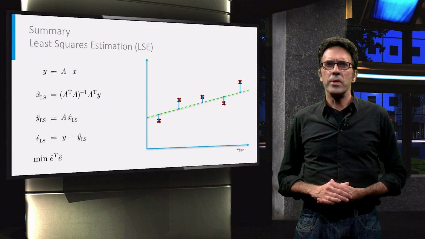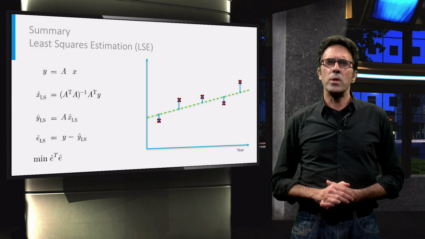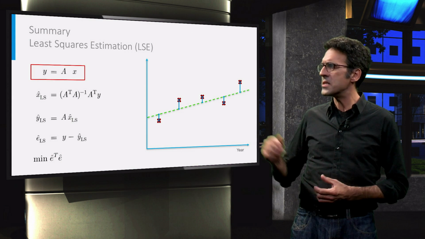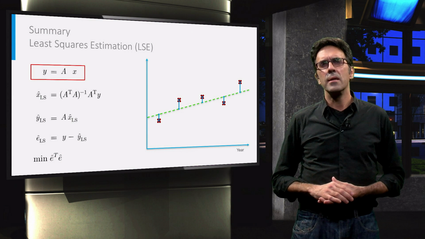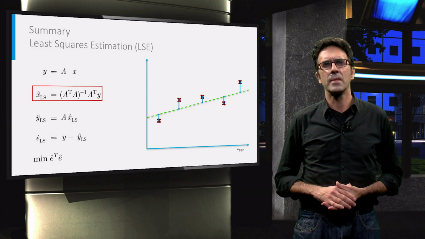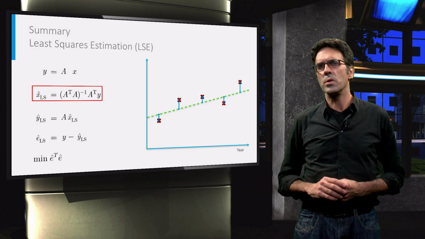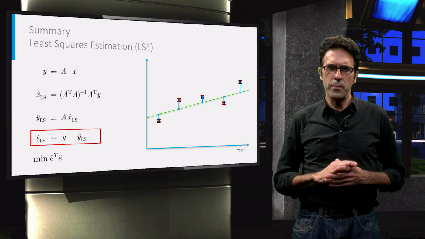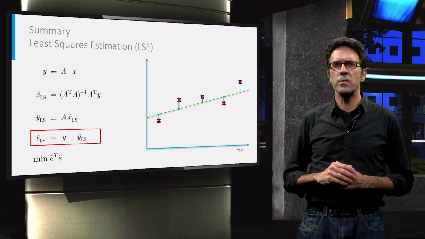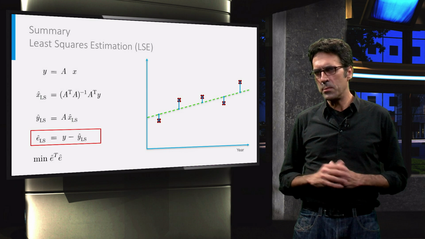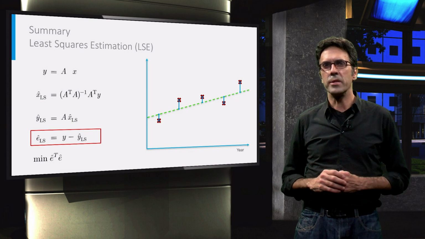This is the summary we gave on the standard least squares estimation solution. We formulated our y = Ax problem and came to the least squares estimate x hat. Essentially what we did was to minimize the difference between our actual measurements, which are the red crosses over here, and the linear model which we assume to be applicable, which is the green dashed line over here.